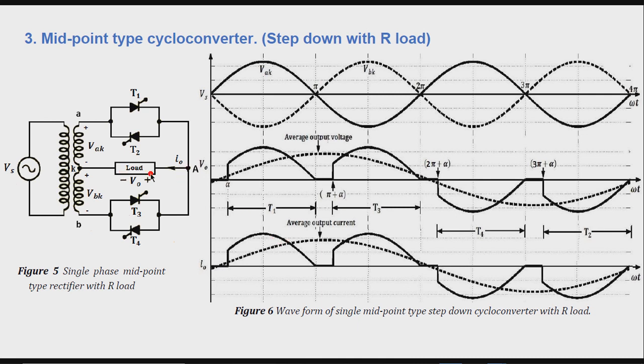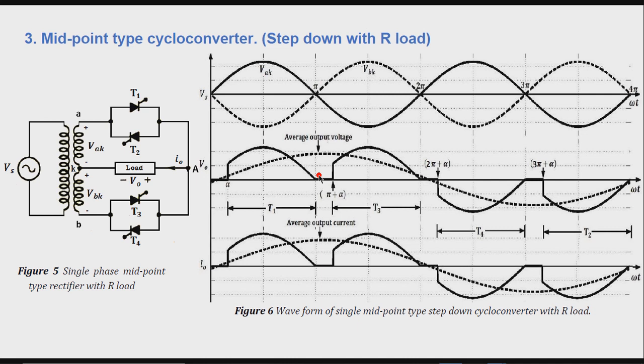T1 remains on till omega t equal to pi. The load current is 0 at omega t equal to pi, the supply voltage falls to 0, and thus T1 is self-commutated at pi.